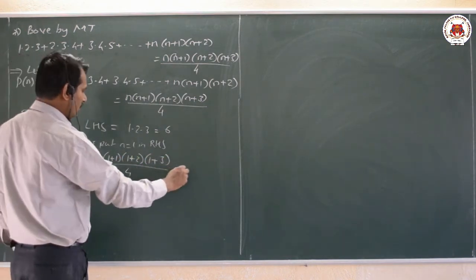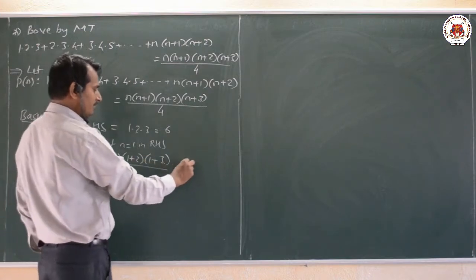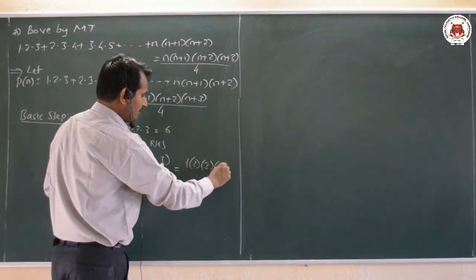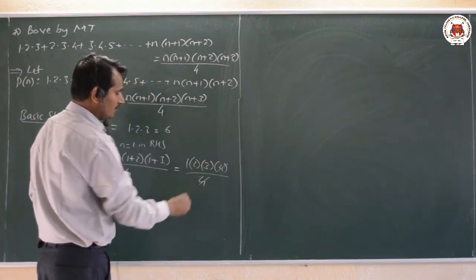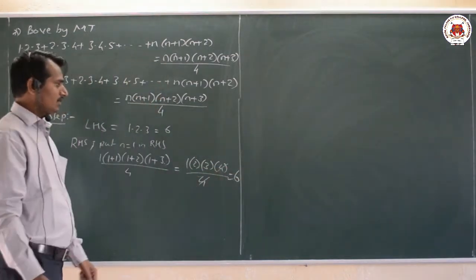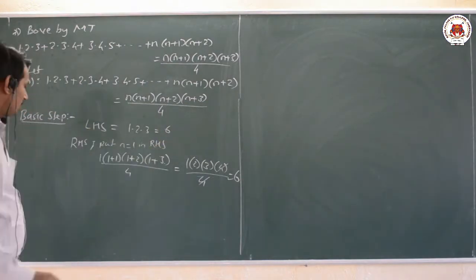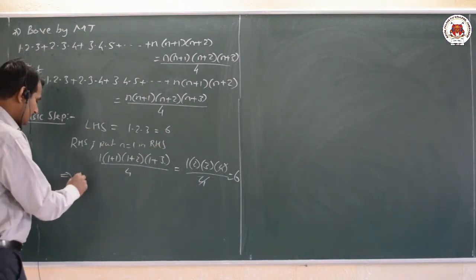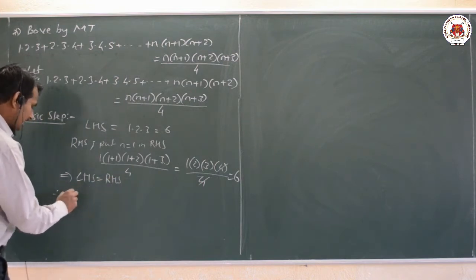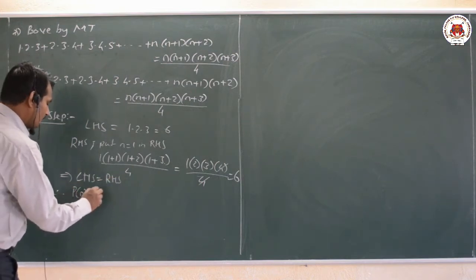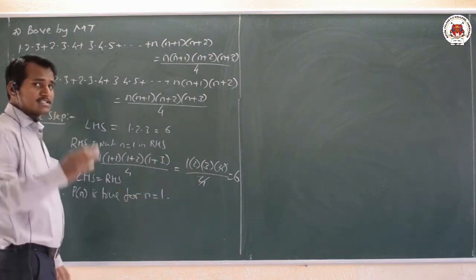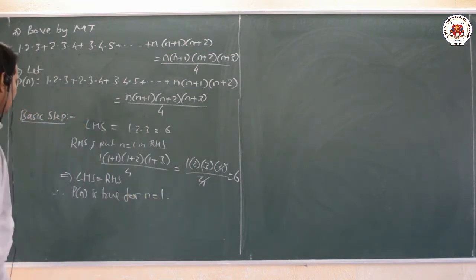We can observe 3 plus 1 is 4, 1 into 2, 2 plus 1 is 3, then 3 plus 1 is 4 divided by 4, the 4 gets eliminated, 3 into 2 is nothing but 6 only. So what we get here? LHS equals RHS. Therefore I can tell that P(n) is true for n equal to 1, or just simply P(1) is true.